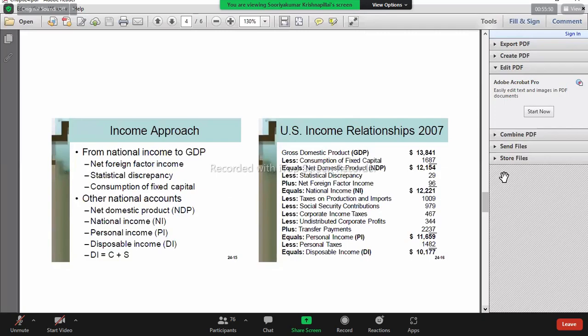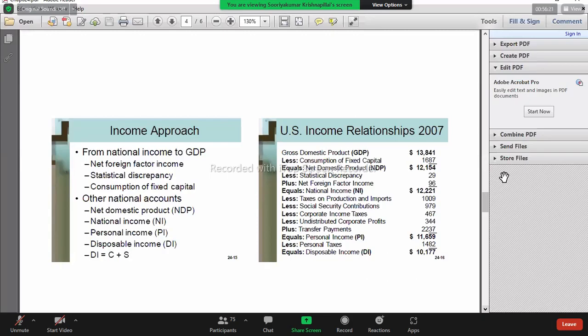We deduct statistical discrepancy because we already included it in the GDP. Already we deducted net foreign factor income in the GDP calculation, now we include it, then we will get national income.